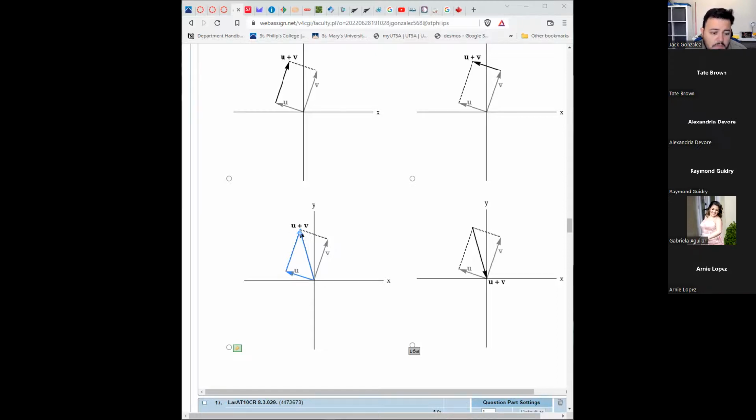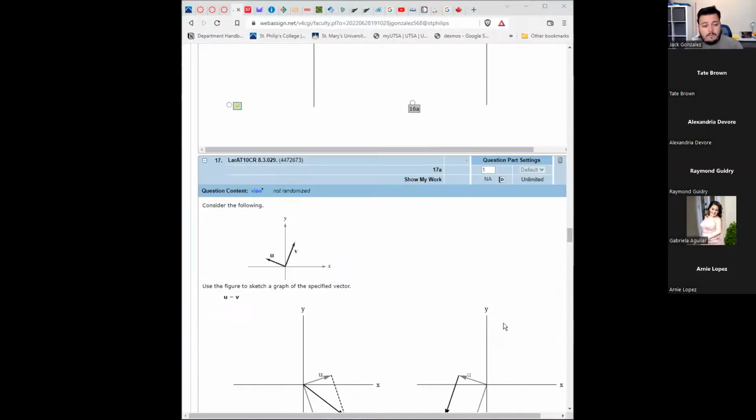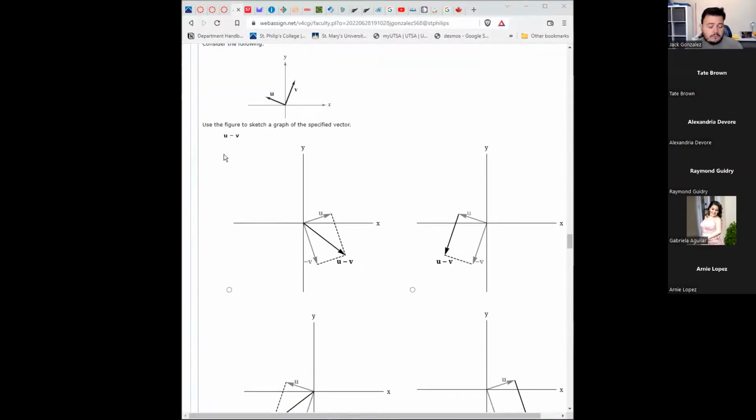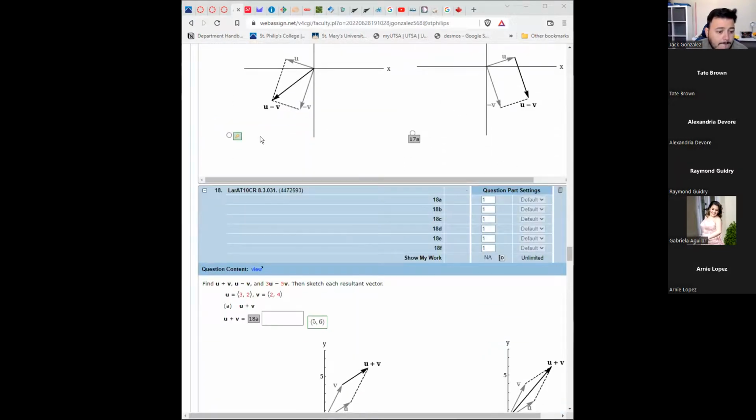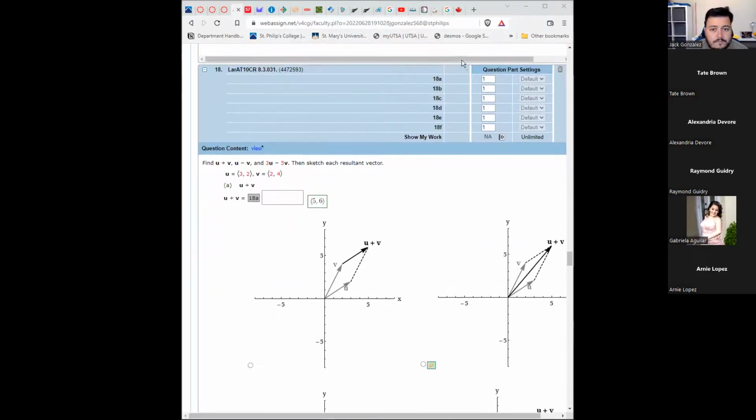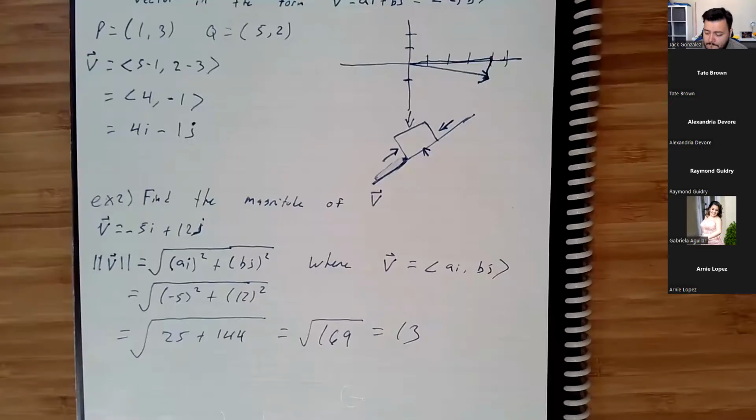Connect the hypotenuse, that is u plus v. Any questions on that? Of course, there's minus, which is just opposite.